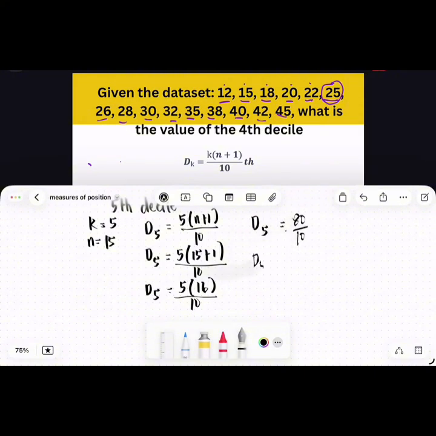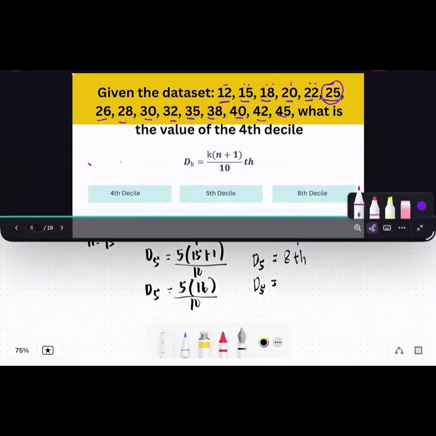Then, decile 5 is equal to 80 divided by 10. So, this is equal to 8. Since it is not a decimal, what we are going to look for is the 8th position in the given data. So, 1, 2, 3, 4, 5, 6, 7, 8. So, our 5th decile or median is 28.